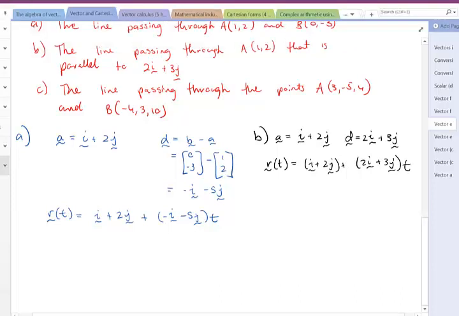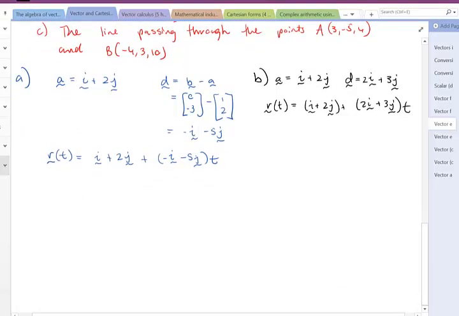Right, when we look at the third one, it's not much more difficult. So we're looking at part c here. This time A is a little bit different. We're looking between (3, -5, 4) and (-4, 3, 10). So the initial position is going to be 3i take 5j plus 4k. And the direction vector is going to be B subtract A again. So we're looking at (-4, 3, 10) and we're subtracting the initial position (3, -5, 4).